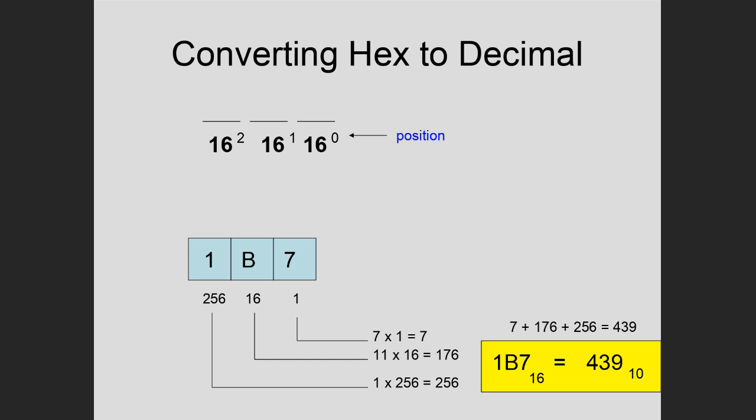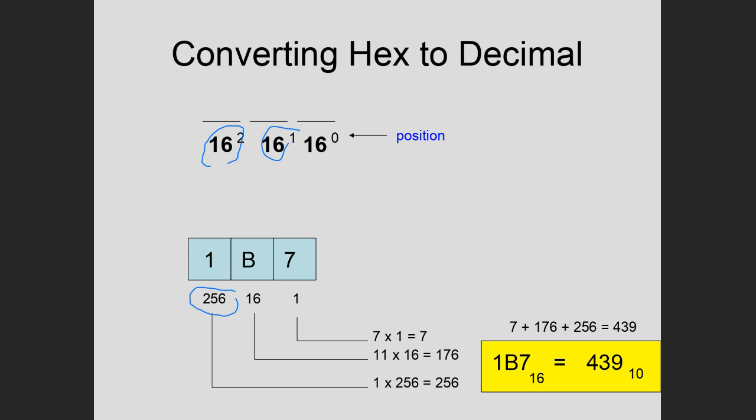So 16 to the 0 has a place value of 1. The 16 to the first power means the place value here is 16. And 16 to the second power has a place value of 256. And I can keep going over here to the left if I wanted to.